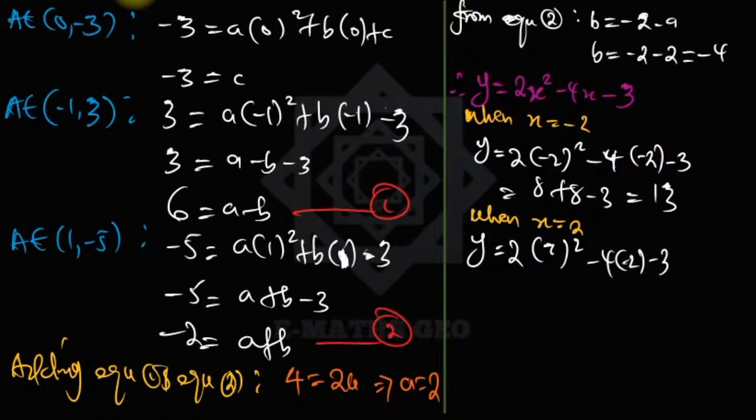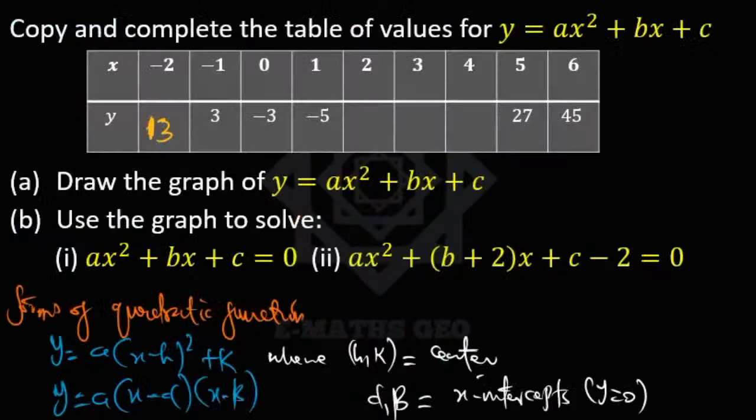So this is the same 8. This is 2, not minus. That's minus 8 minus 3. So we get minus 3. So when x is 2, y is minus 3. We substitute again, this is minus 3.